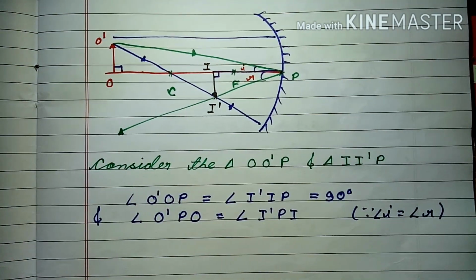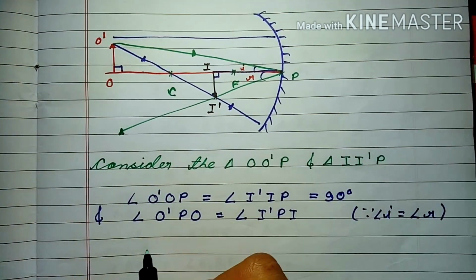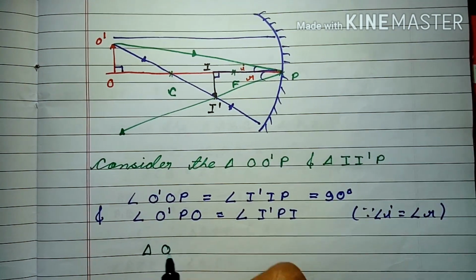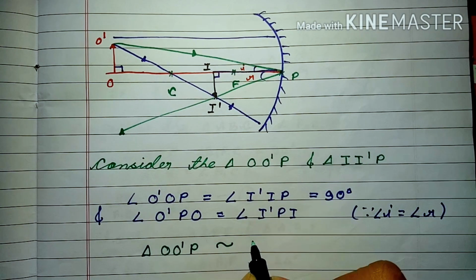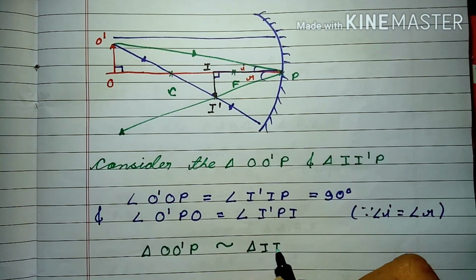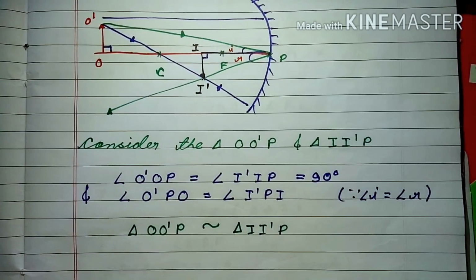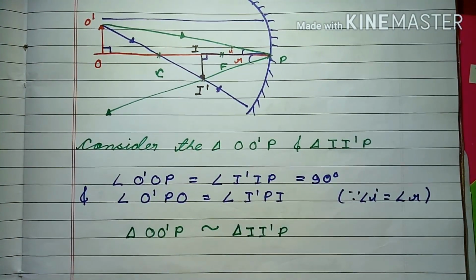Then the triangle O dash P is similar to the triangle I dash P.